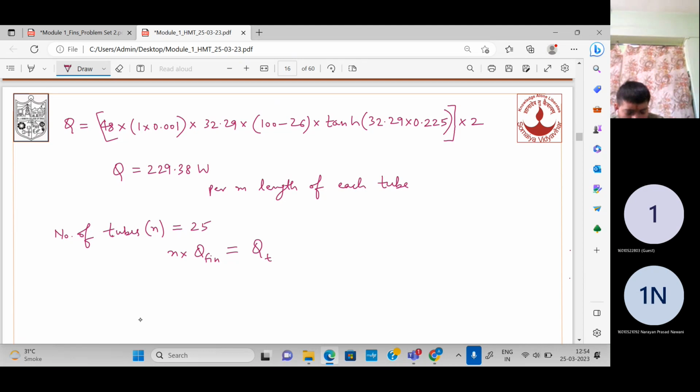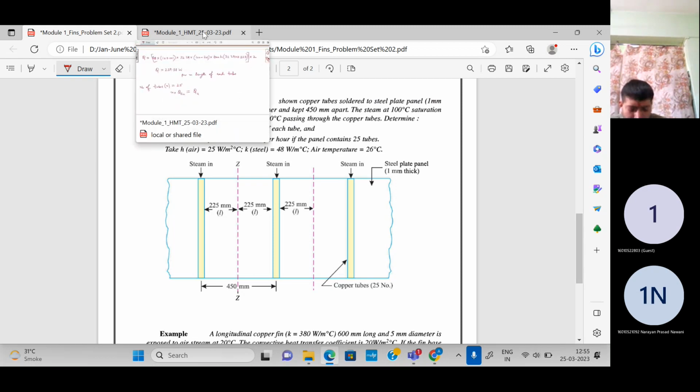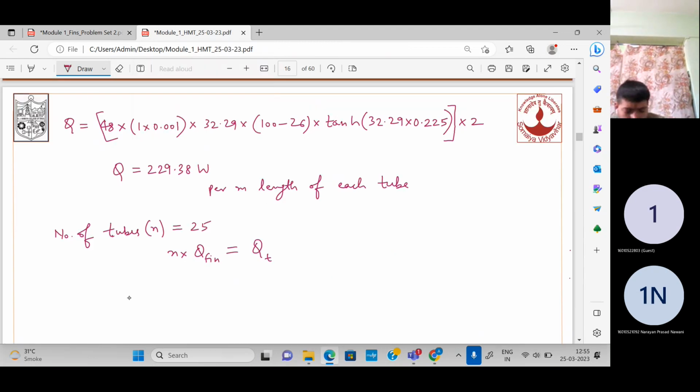Now the total heat transfer, we will see what is given in the problem. The steam at 100 degrees Celsius saturation temperature condenses to water at 100 degrees Celsius passing through the copper tubes. So we will find the latent heat hfg.